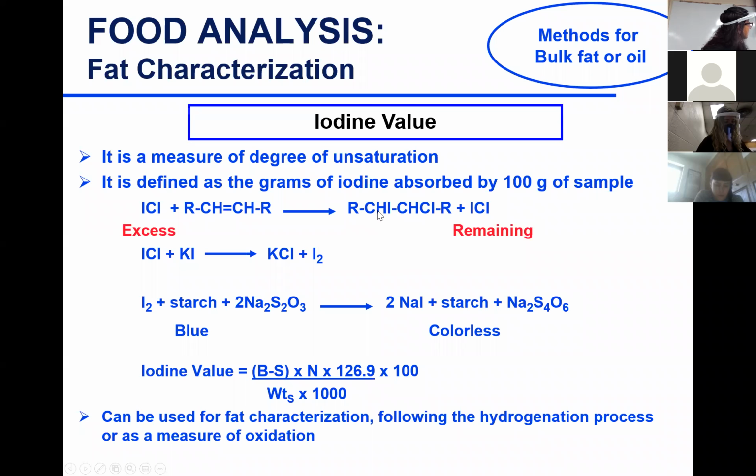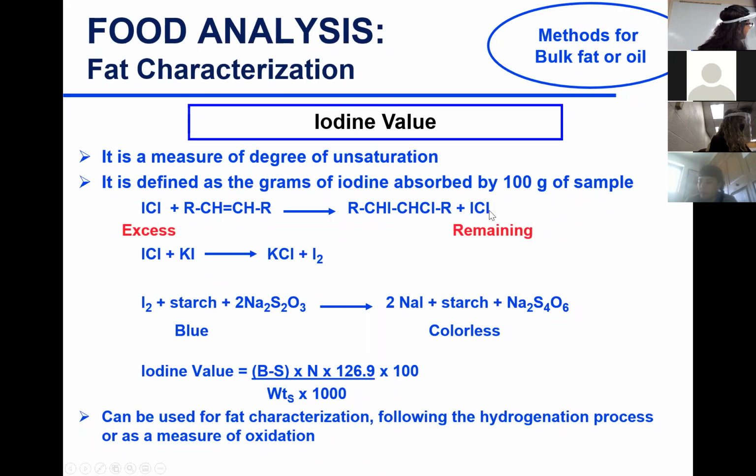The C here is going to have a bond with H and a bond with I, plus the other 2 bonds that are already there, so the C is saturated. All 4 bonds have an atom reacted with them. What is left is all of the iodine chloride that did not react. So the way to go forward from there is to react it.